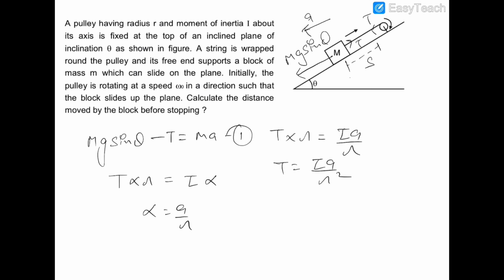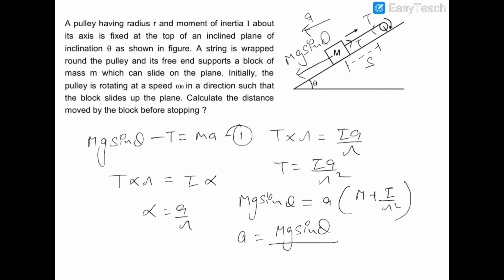So substituting this value of T in equation number 1, mg sine theta is equal to a into (m plus I by R square). So a is equal to mg sine theta upon (m plus I upon R square). This is the value of acceleration a.